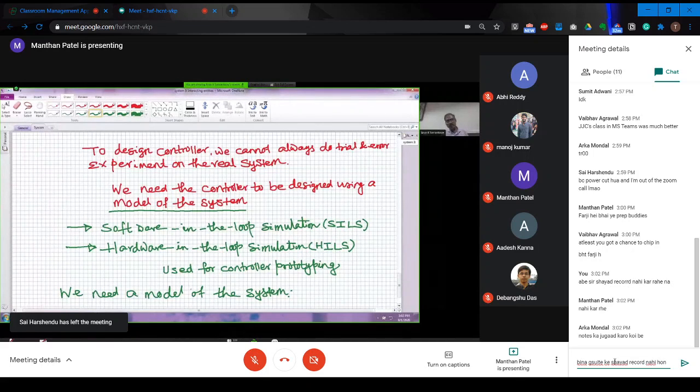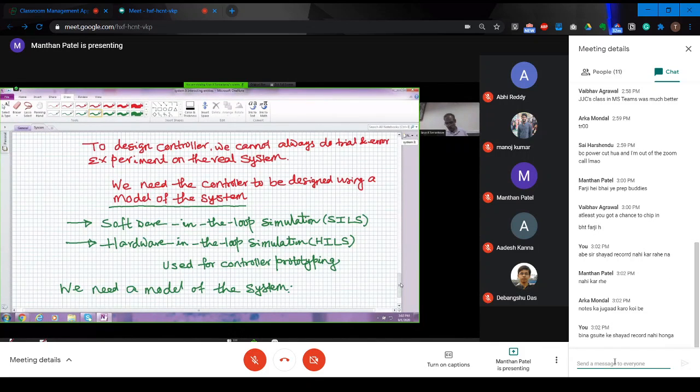So this is what is combining both systems as well as controls.